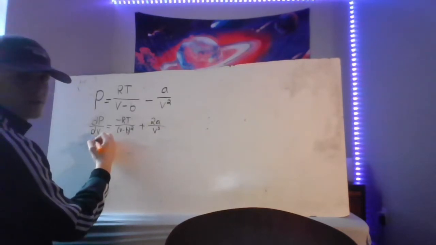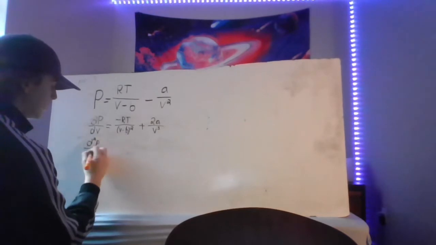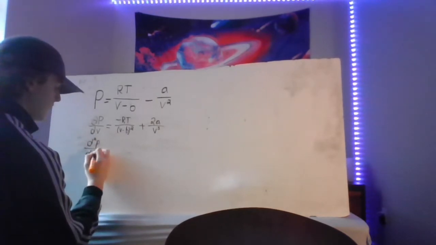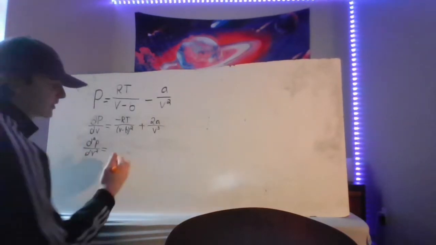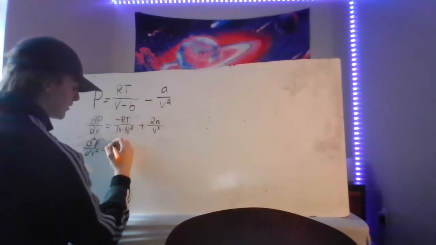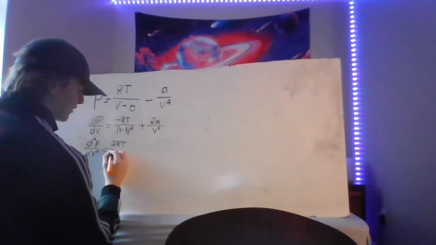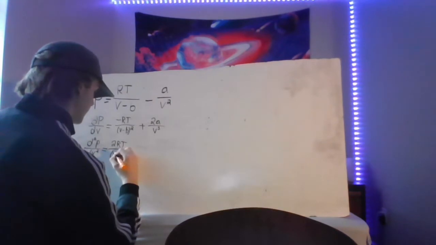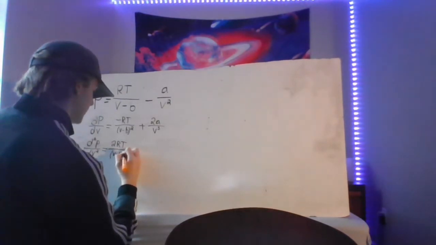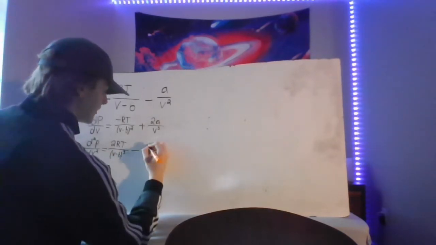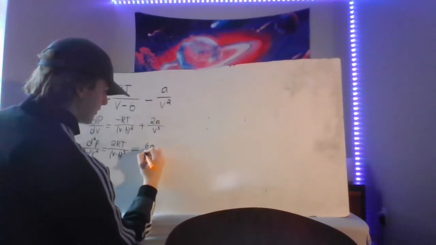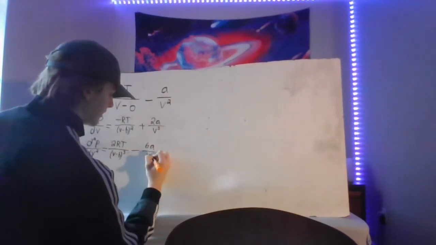So this time it will be 2RT over (v minus b) to the third, minus 6a over v to the fourth.